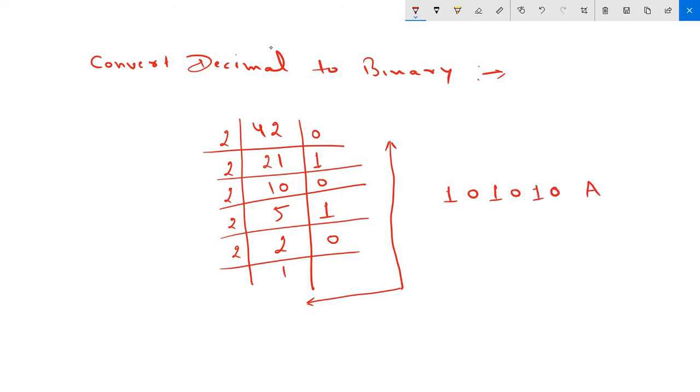So this is the answer, after converting the decimal number into a binary number. So I hope you understand how to convert a decimal number to a binary number.